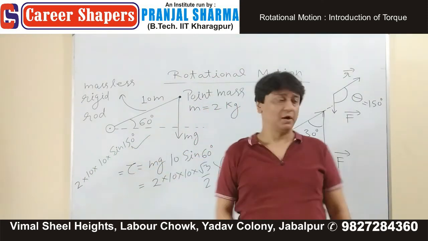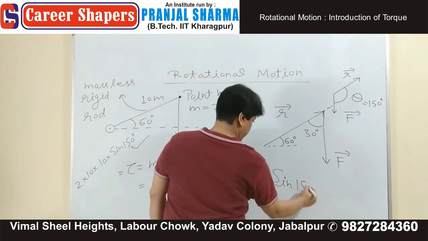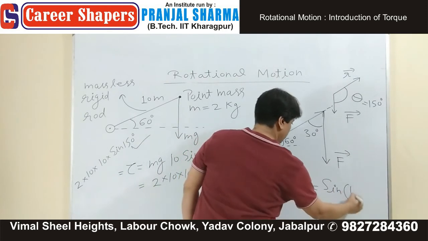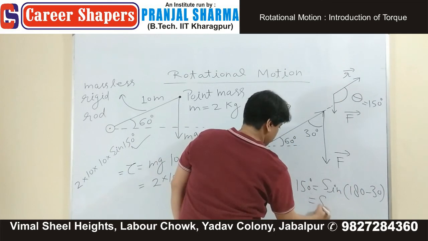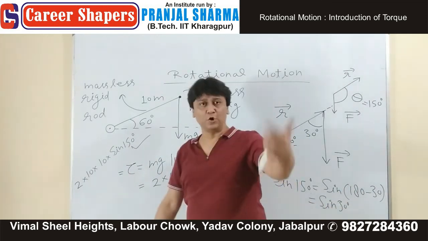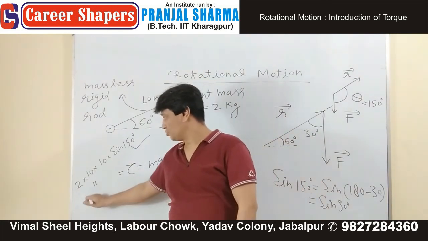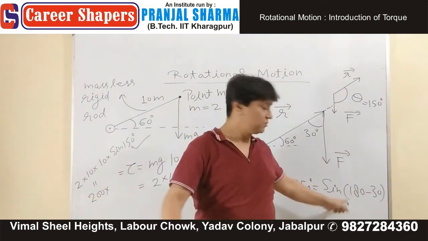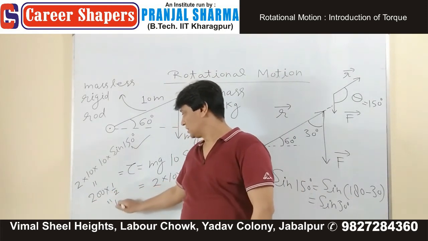This is the correct part. Now, ये हर आदमी को पता होना चाहिए, sine 150 is sine of 180 minus 30, which is sine 30. And everybody knows what sine 30 is. This is coming 200 multiplied by sine 150, which is sine 30, which is 1 by 2. So the answer is what? 100.